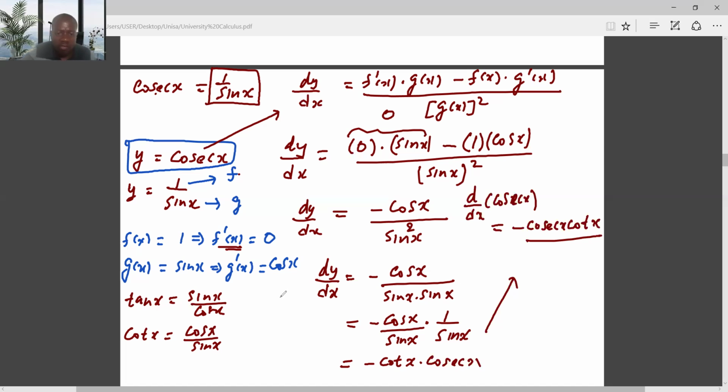So the derivative of cosec is negative cosec x cot x. I believe you're following. But now, how about if we wanted to differentiate sec instead of cosec?